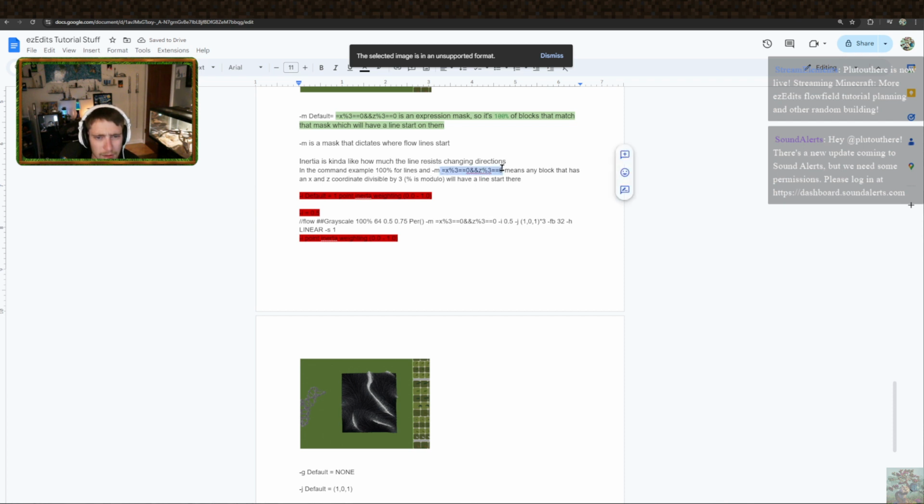So this part means any block that has an X and Z coordinate divisible by 3, where % is modulo, which I already forget what that is, we'll have a line start there. Okay, I'm going to look up modulo again because I can never remember it.